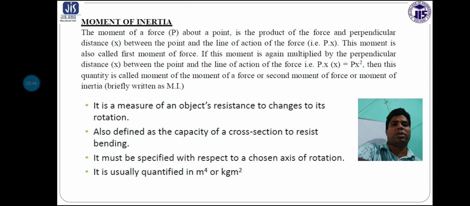Number 2, it is also defined as the capacity of a cross section to resist bending. Number 3, it must be specified with respect to a chosen axis of rotation. And number 4, it is usually quantified in meter cube or kg meter square.